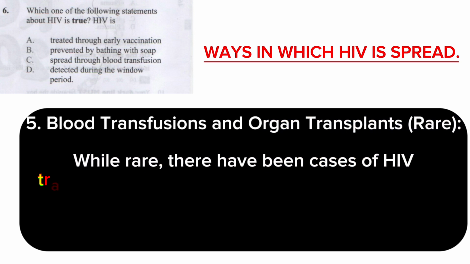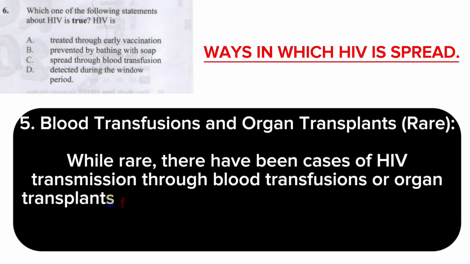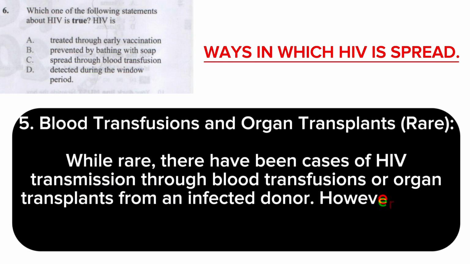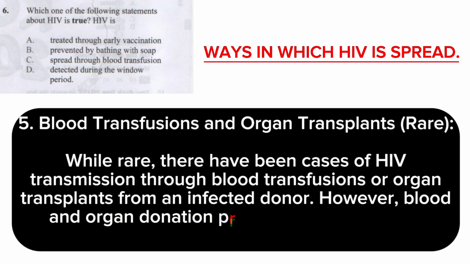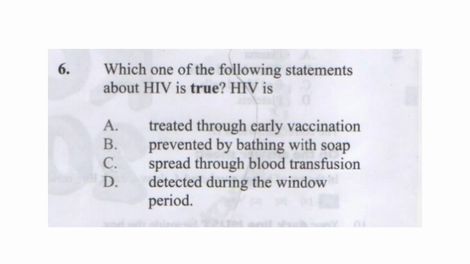While rare, there have been cases of HIV transmission through blood transfusions or organ transplants from an infected donor. However, blood and organ donations are rigorously screened to minimize these risks. Choice D, detected during the window stage.